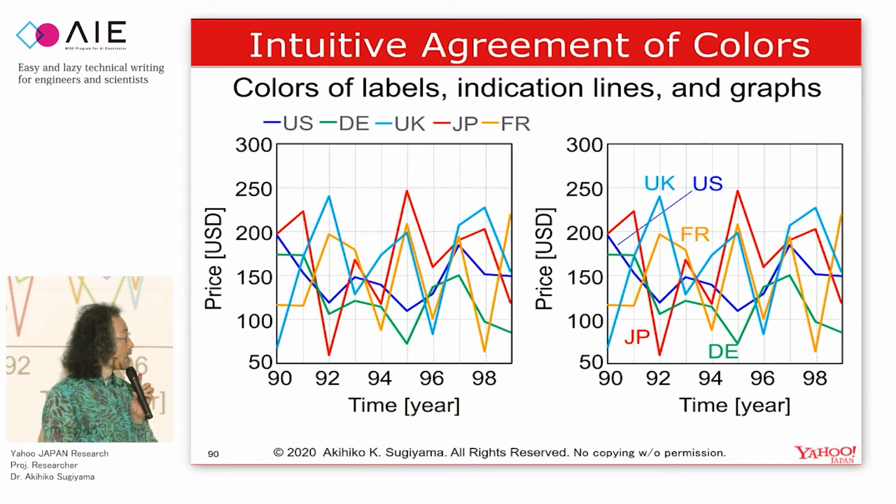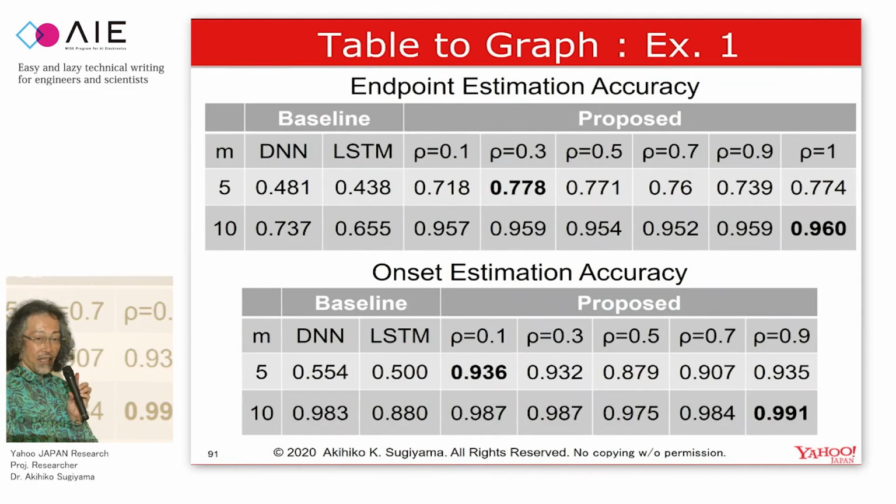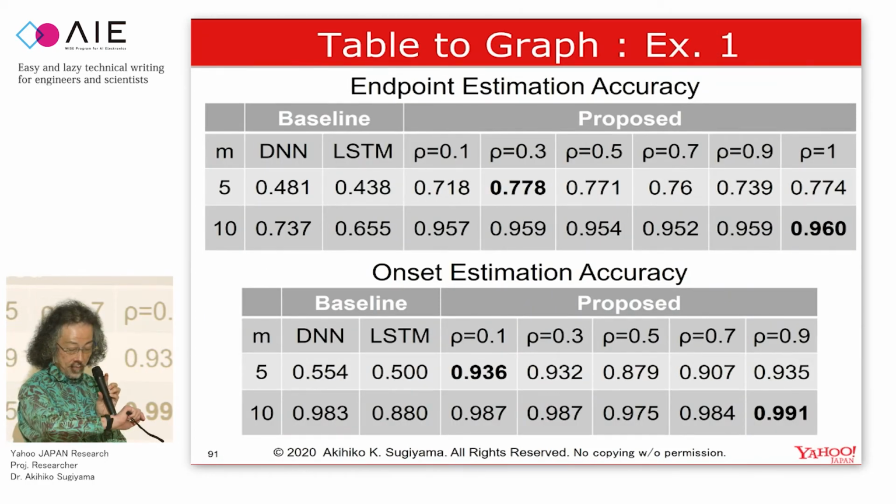For example, to explain the blue line, pale blue line, that it means UK, put UK close to this line in the same color. Here, UK is in black. Now, UK is in pale blue. It's more intuitive. Now, it's getting more and more complex.